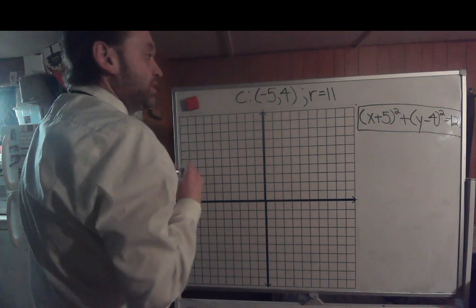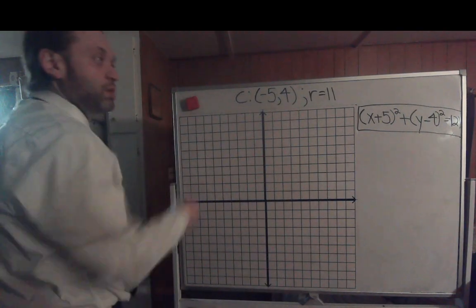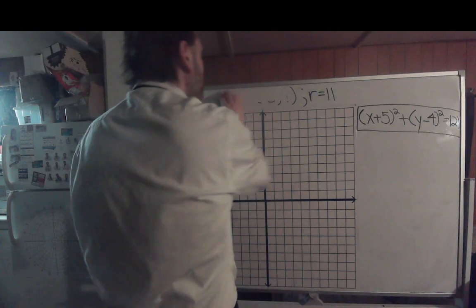Well, 11 squared is 121. So what you should get for your equation would be x plus 5 squared plus y minus 4 squared equals 121. Alright, so that's really pretty simple for doing that.